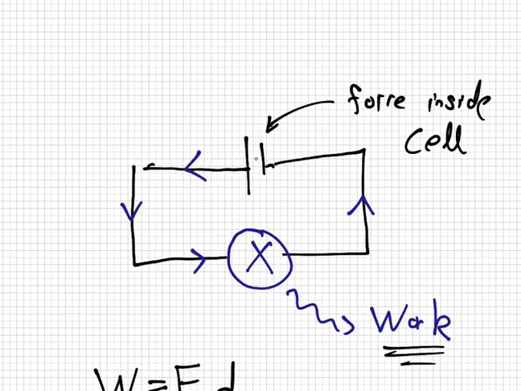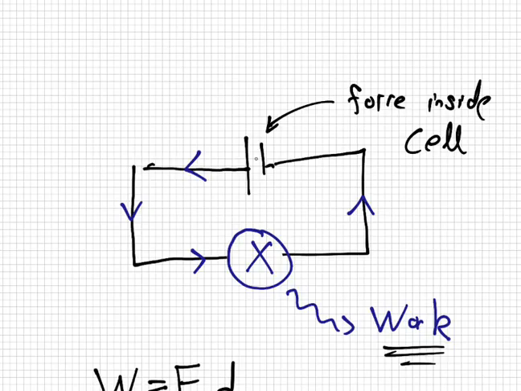The work that the light bulb does equals the work that the battery does. So how much work comes out of the light bulb is how much work the battery is doing. So the other way to think about EMF is how much work you can do, which is what that definition says. EMF is how much work you can do when 1 coulomb comes out of the battery.